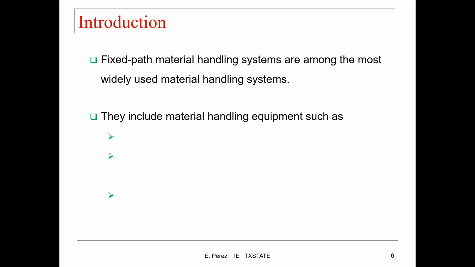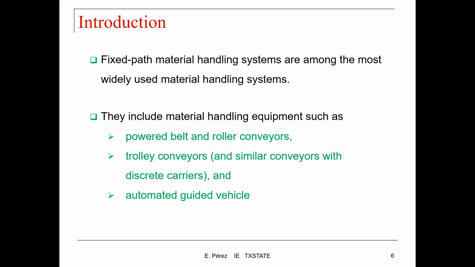Out of those that we discussed, the fixed path material handling systems are the ones that are most widely used for warehouses and industry. They include material handling equipment such as power belt and roller conveyors, trolley conveyors, and similar conveyors with discrete carriers, and automated guided vehicles.